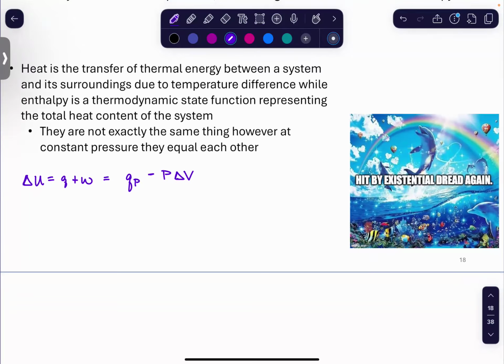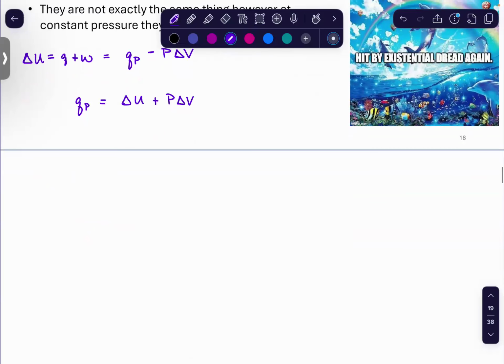Then I rearrange this: Q_P equals delta U plus P delta V. And then let's break these apart to see what these become. So delta U is U final minus U initial, plus P times V final minus V initial.